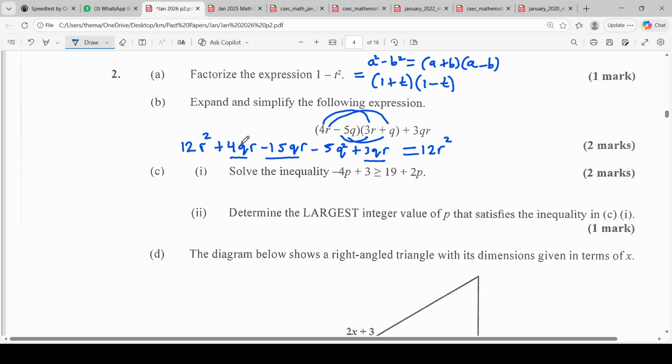So we could say 4 take away 15 will give me negative 11. Negative 11 plus 3 is negative 8. So we have negative 8qr. And then we just have minus 5q squared here. Right, so when we simplify that, 12r squared minus 8q minus 5q squared.